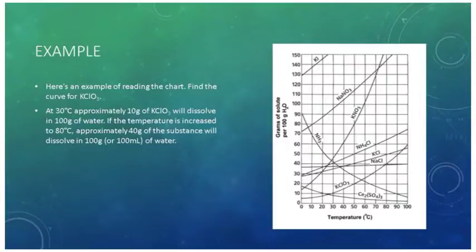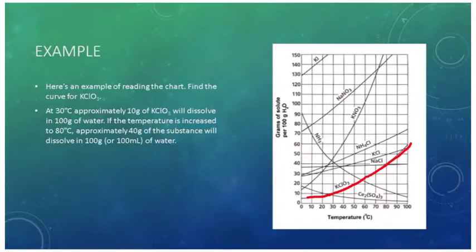Here's an example of reading the chart. Find the curve for KClO3. I've outlined that curve in red for you. At 30 degrees, approximately 10 grams of KClO3 will dissolve in 100 grams of water.